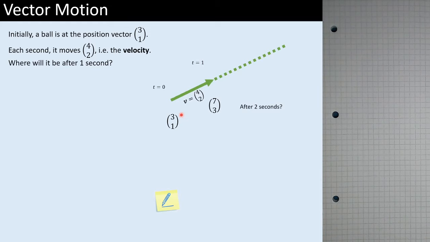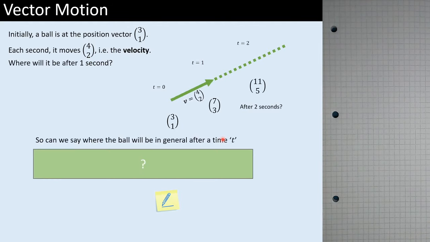Okay, the top will have increased by 4 after 1 second, and the bottom will have increased by 2 after 1 second, because it's travelled 4, 2 meters per second. After 2 seconds, it will have travelled another 4, 2. Okay, so it will have travelled up to 11, 5.